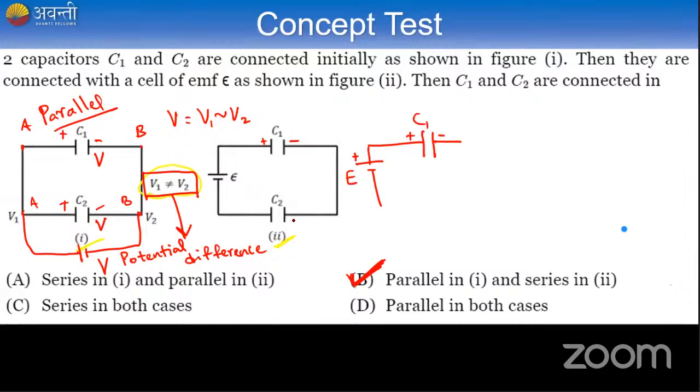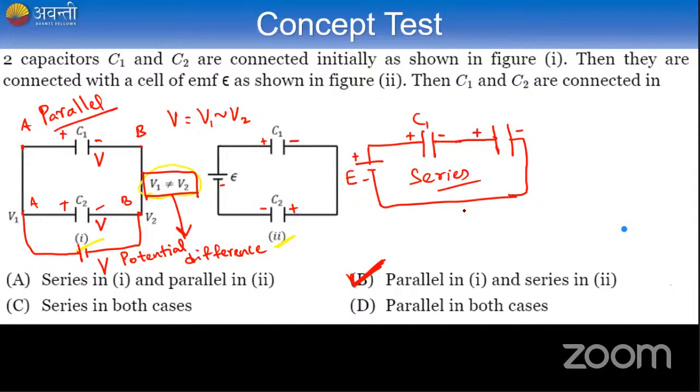The negative of the battery is connected to the other end of capacitor C2, so this should be positive. See, the end-to-end connection is not of the same type. So this combination is nothing but the series combination. So the answer goes like, this is a parallel combination and this is a series combination.